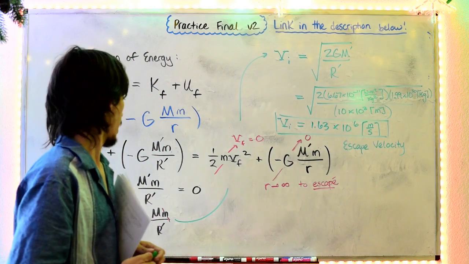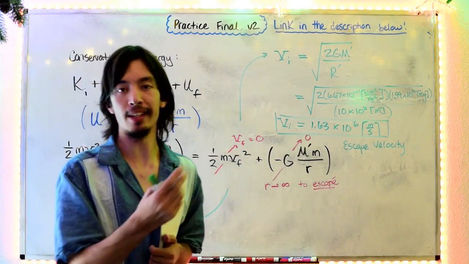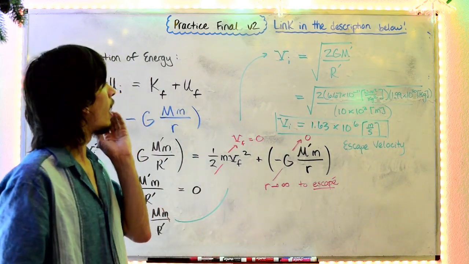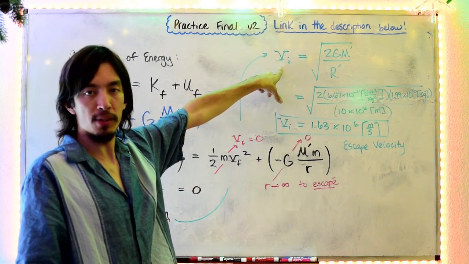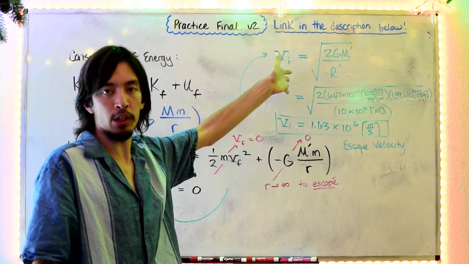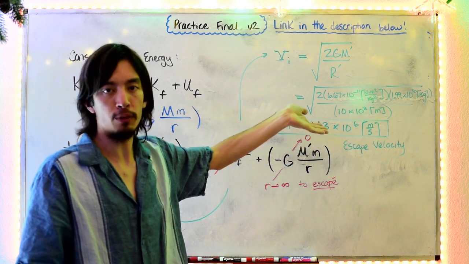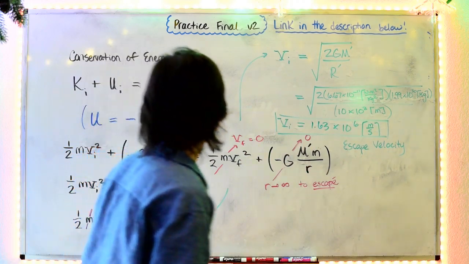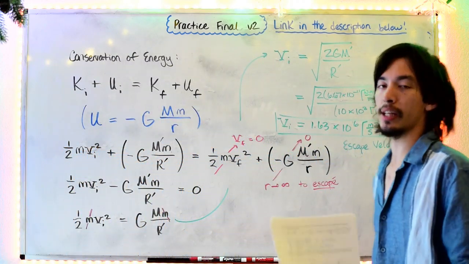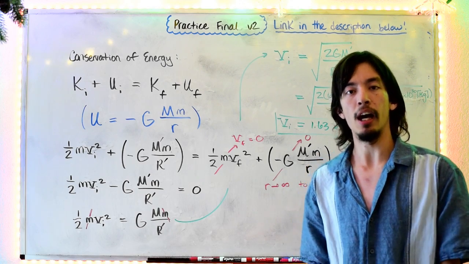Let me know if you have any questions on getting that escape velocity. Now, if this were on the test, maybe you might be able to just use the equation. It really depends on what the question's asking. If I were just asking you for the escape velocity, sure, just use the equation. But in my case, I wanted you to understand the principle behind what you're doing.